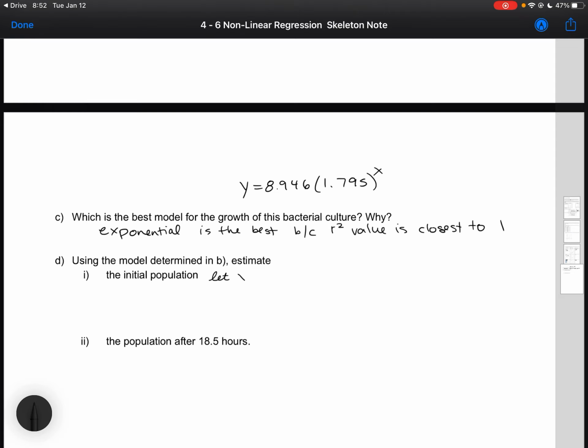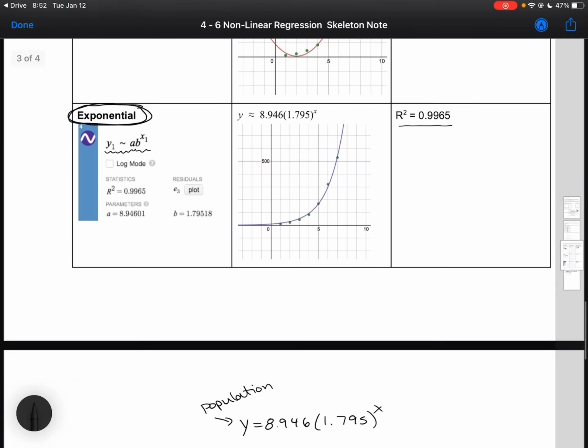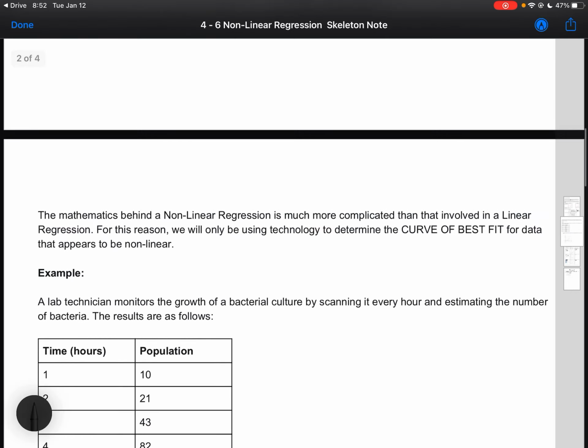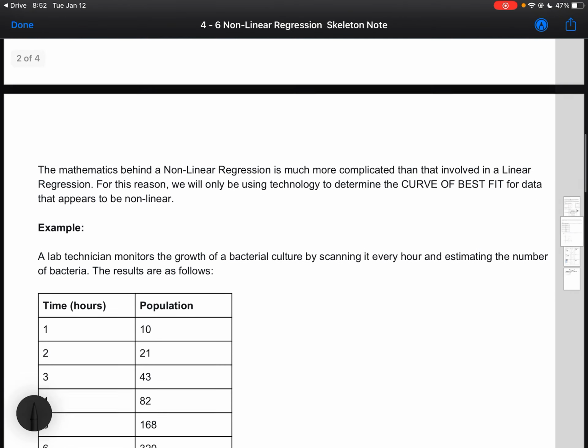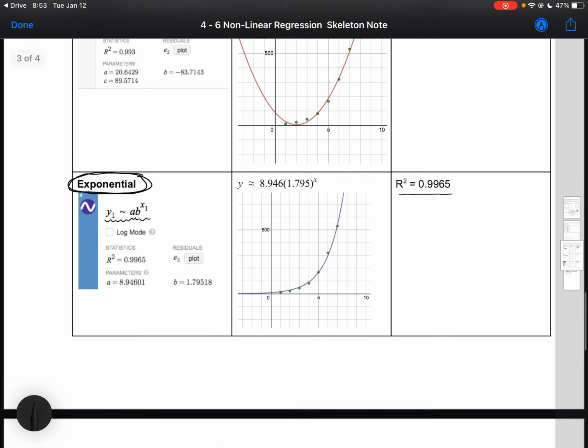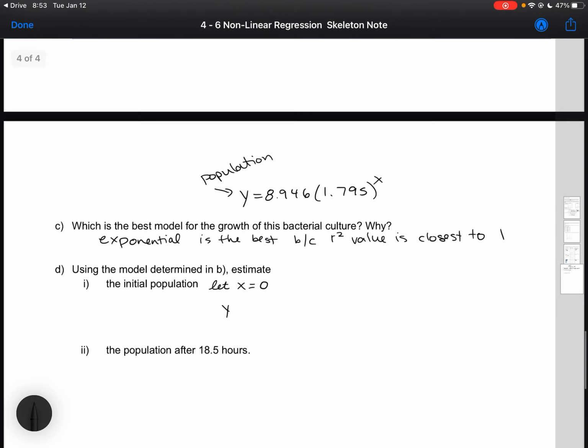Let's determine the initial population. For the initial population, we are going to let x equal 0. Just to add on, y here is our population. Let's just double check with our table of values. X is going to be the time in hours.